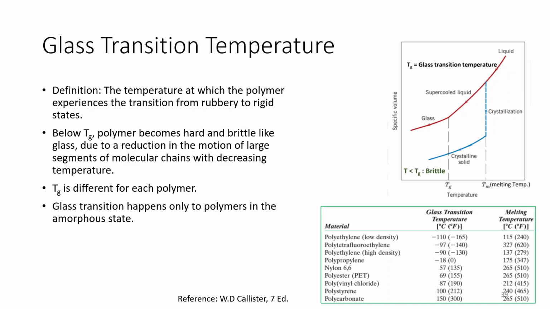Next is polyvinyl chloride, PVC. It has 87 degrees Celsius as glass transition temperature and 212 as the melting temperature. Polystyrene has 100 and 240 degrees Celsius as melting temperature. Polycarbonate you have 150 and 265 degrees Celsius as melting temperature.